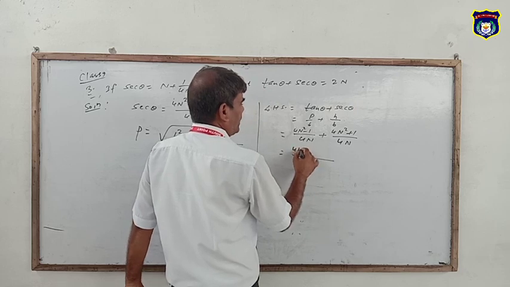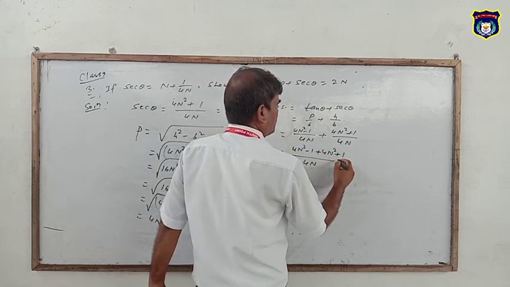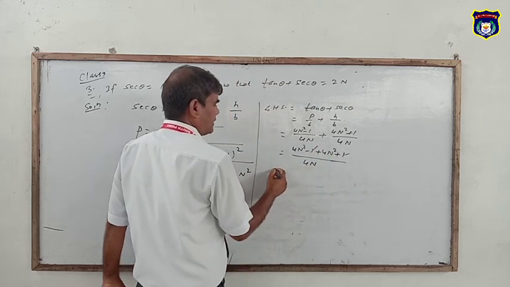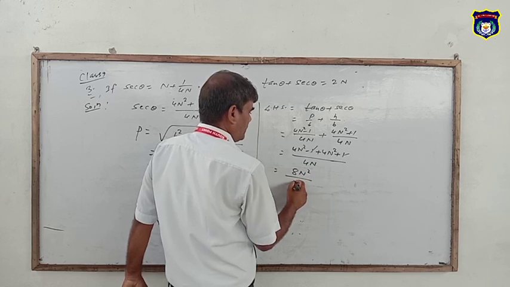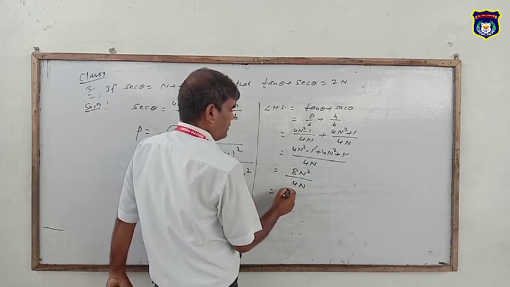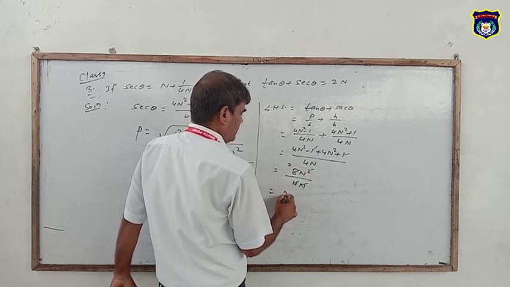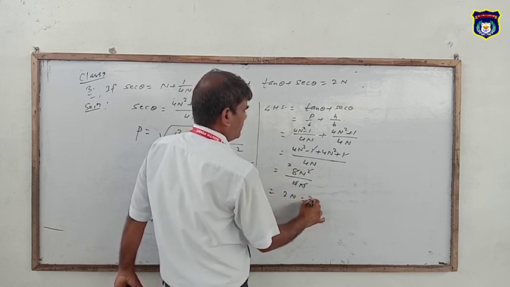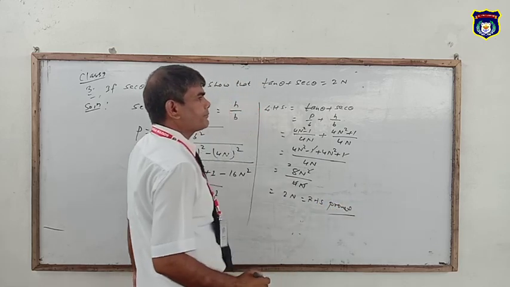So this is 4n square minus 1 plus 4n square plus 1, minus 1 and 1 cancelled, 8n square by 4n. So cancelling, this is 2n, equal to RHS. True.